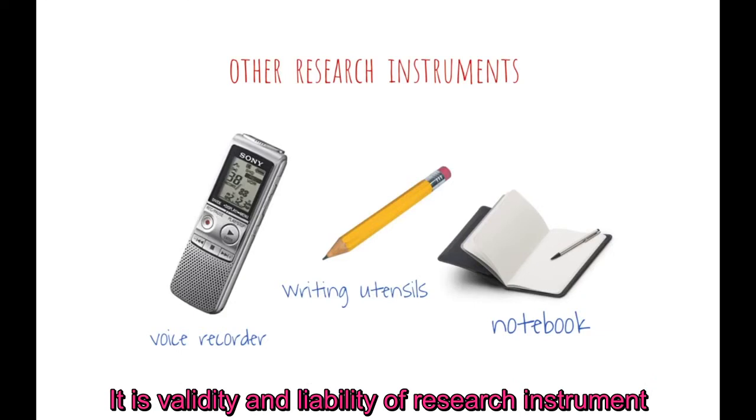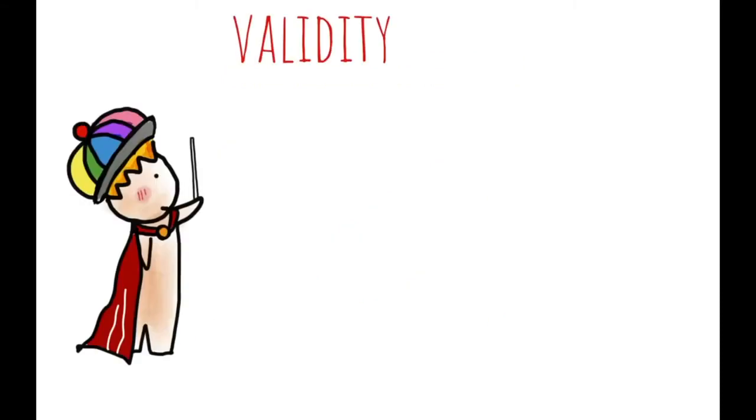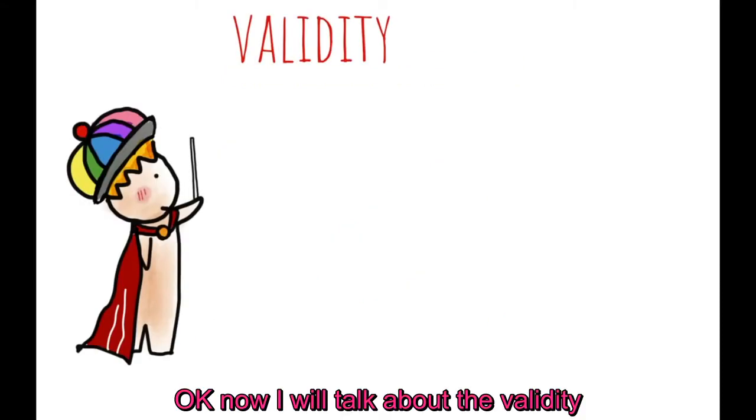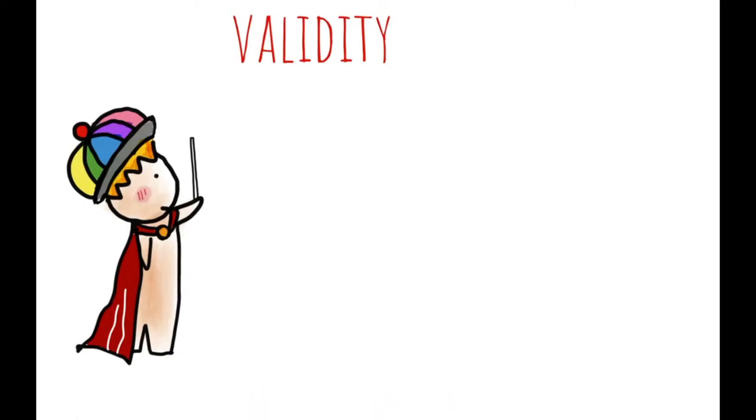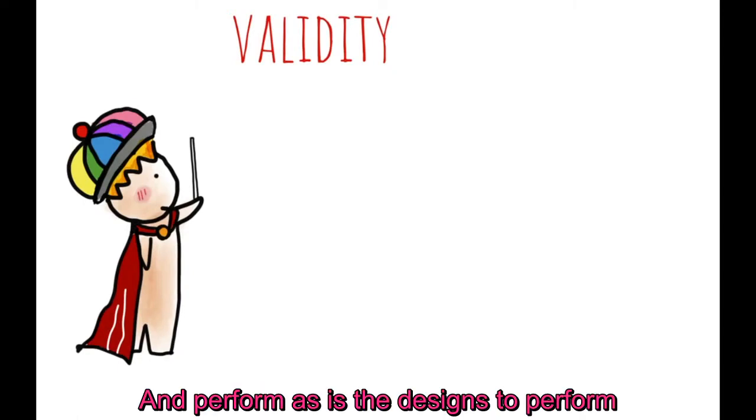It is about the validity and reliability of research instruments. Okay, now I will talk about validity. Validity is the extent to which an instrument measures what it is supposed to measure and performs as it is designed to perform.